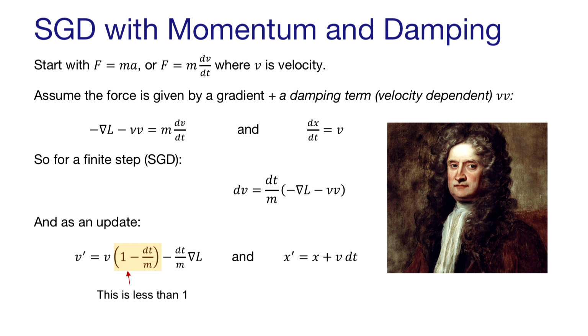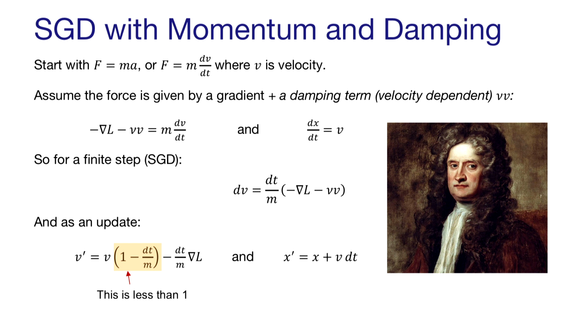And hopefully it's somewhat intuitive that, let's just turn the force, the gradient, off. Imagine there's no slope. Then if you keep iterating v, where you're multiplying the old value by a constant less than 1, it's just going to decay down to 0. So momentum plus damping will cause the particle to slow down and stop eventually.